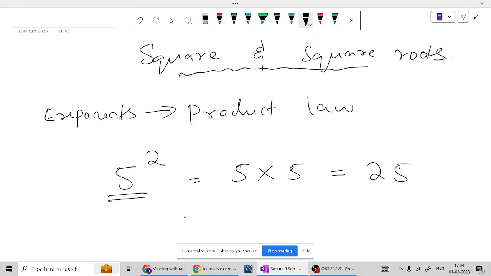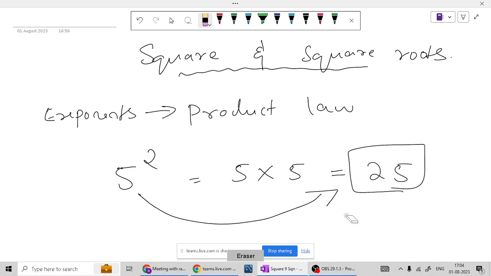So you can see the number is multiplied by itself: 5 into 5, which is 25. So what's the square of 5? 25, sir. This is the concept of square.